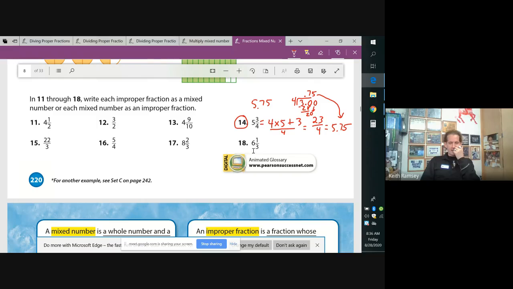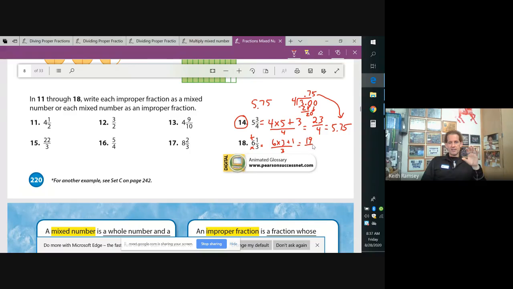Let's look at number 18. So to make 6 1/3 into an improper fraction, I'm going to multiply down here, 6 times 3, and I'm going to add up here, plus 1. The thing that stays the same is the denominator. So I know 6 times 3 is 18, plus 1 is 19 over 3.